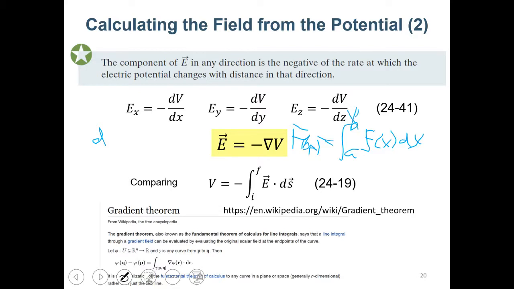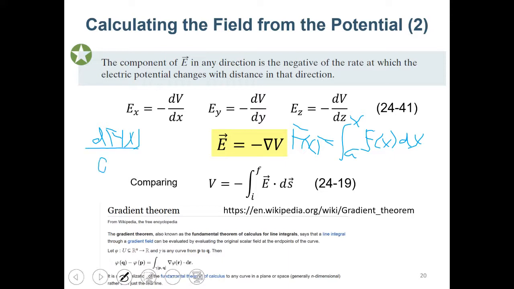Maybe this one should be x, so this is x. So this is the fundamental theorem of calculus.